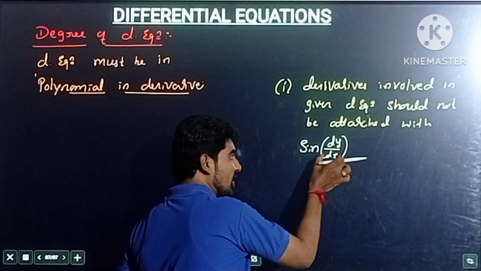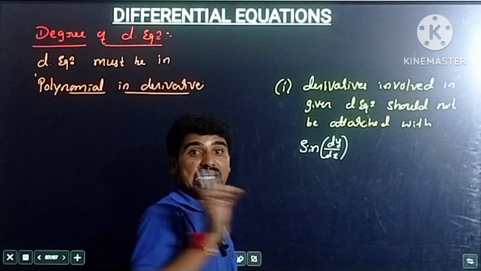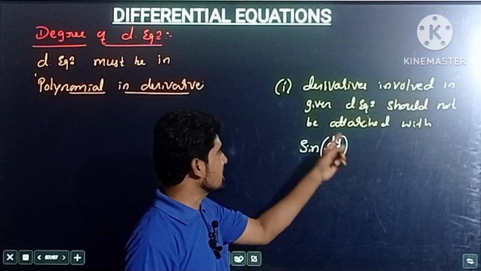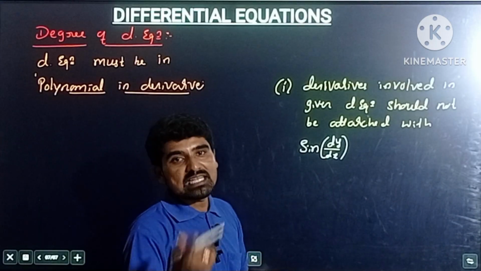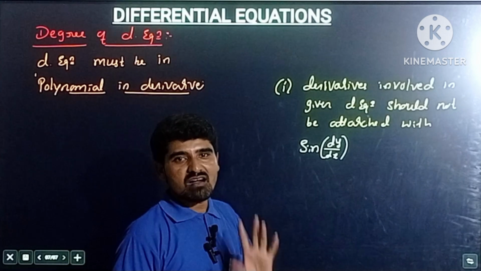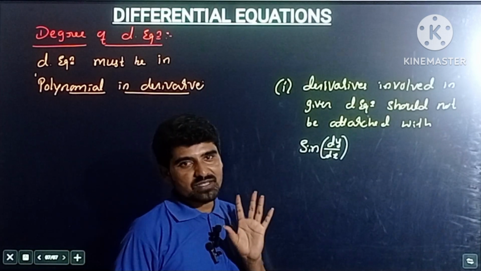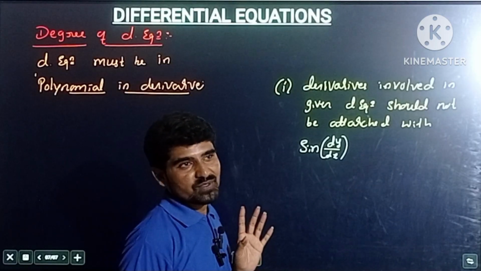So here the derivative is attached with the sine function because the derivative exists in place of the angle. If the differential equation has this term, or the derivative is attached with any other trigonometric function, it may be cos, tan, sec, cot, cosec, then that differential equation is not a polynomial in derivative.